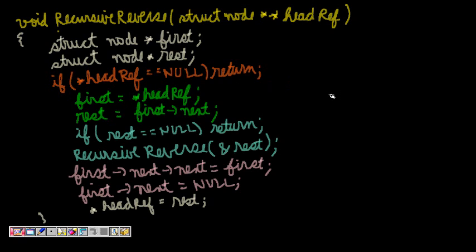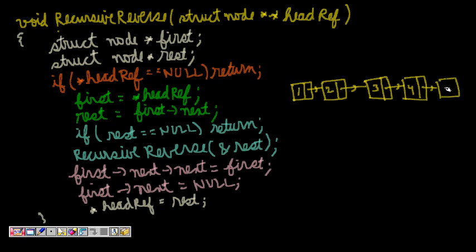Otherwise, let's make a small example here itself. So we have 1, 2, 3, 4, and let's have a 5 also. We don't have much space, but okay, let's start.